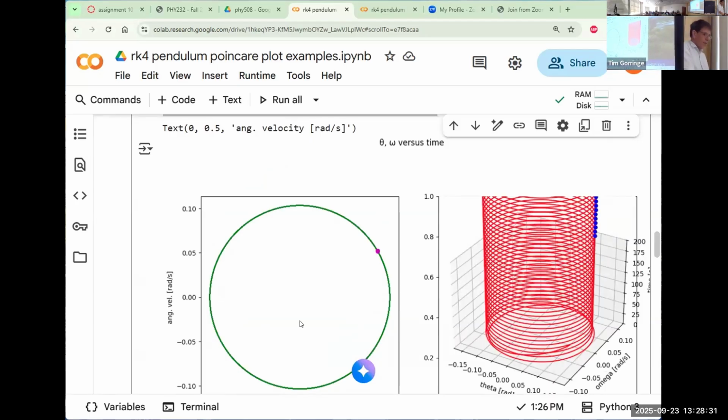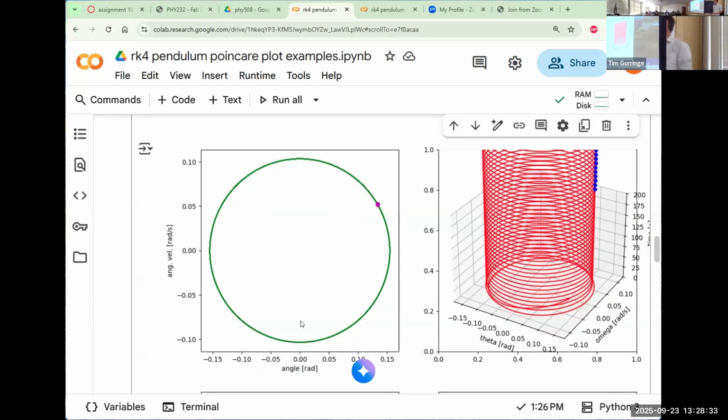Now, upstairs here on the left-hand phase space plot, I'm only plotting the phase space once we're in the late time steady state region. I'm only plotting the Poincare section point in this late time steady state region. So things are very simple in there.